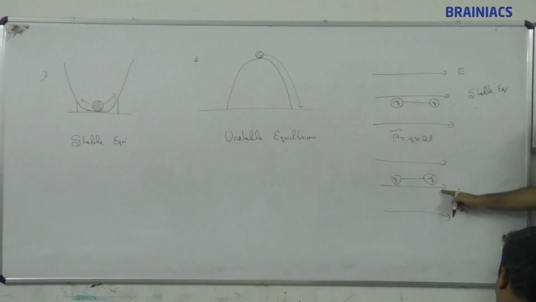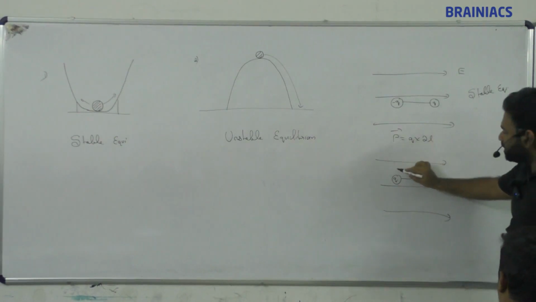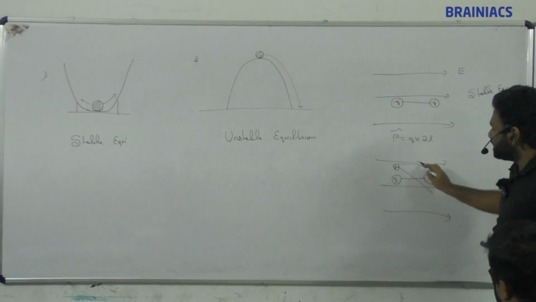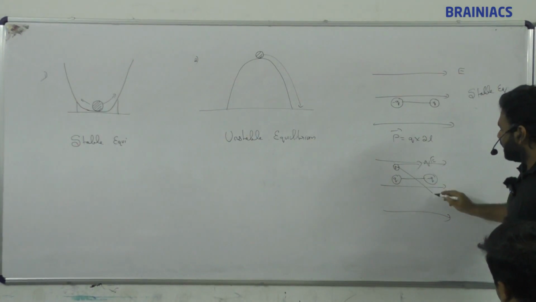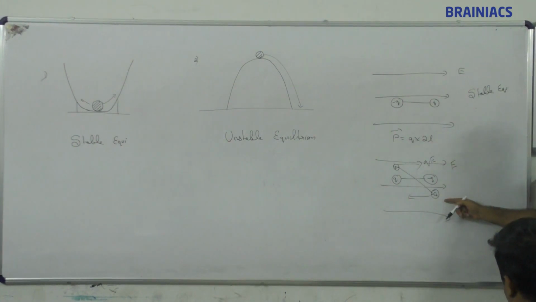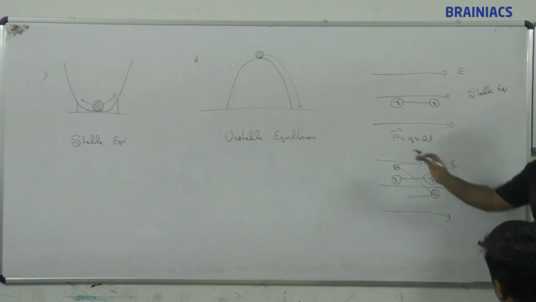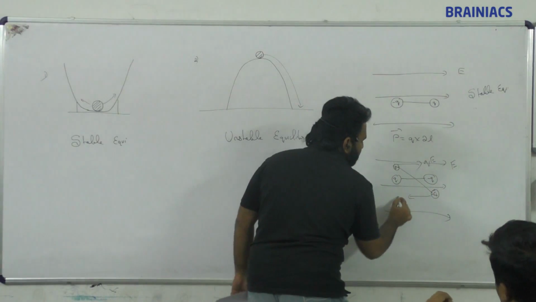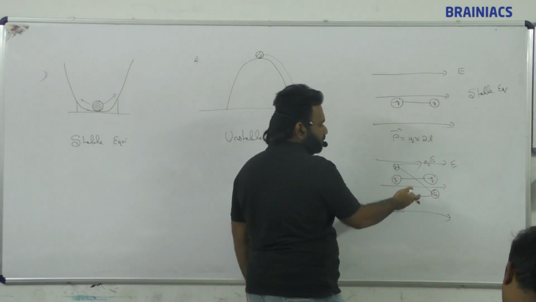So here in this position, what will happen if you displace like this? Q will come here, the force is in this direction, qE. If minus q comes here, if this is the direction of electric field, the force on the minus charge will be opposite to the direction of the electric field. This is also force. What will happen?